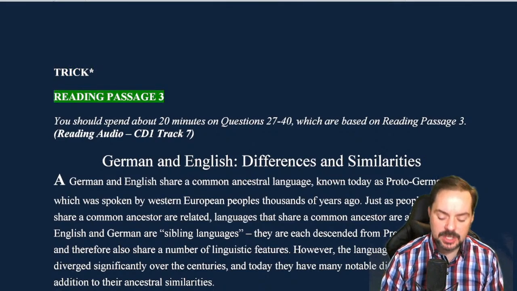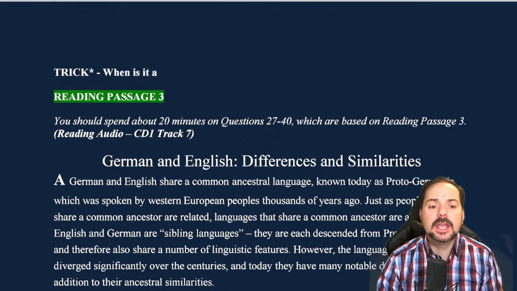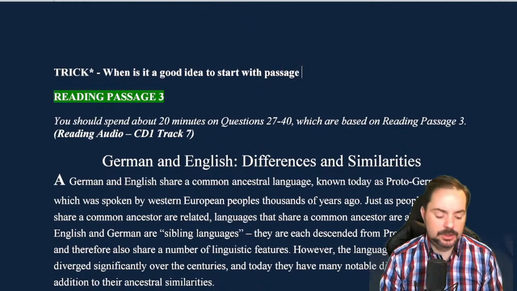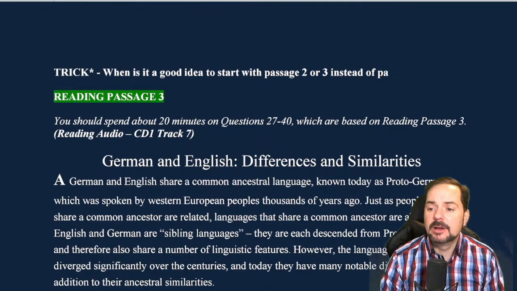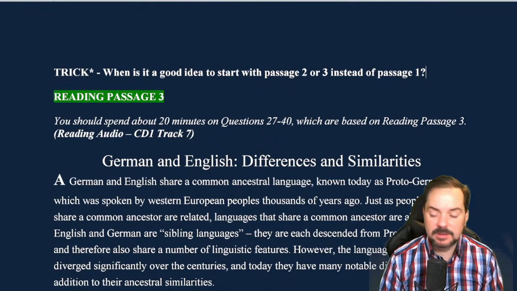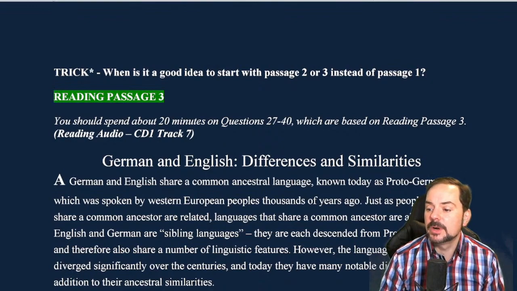So my question here is, when is it a good idea to start with passage 2 or 3 instead of passage 1? Let's see if anybody knows that or has learned that somewhere else.